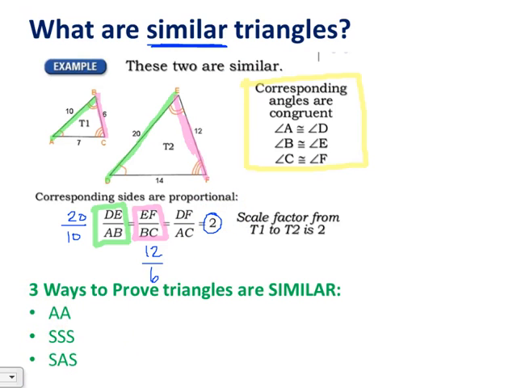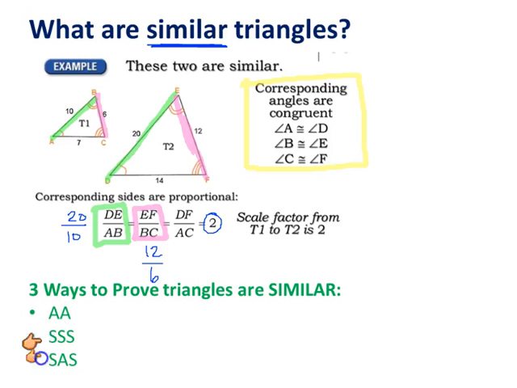And just like we had several different ways to prove that two triangles were congruent, we've got some theorems that help us out in proving that two triangles are similar. Those three ways are AA for angle, angle, and we're going to talk more in depth about these on the next coming slides, side, side, side, and side, angle, side.